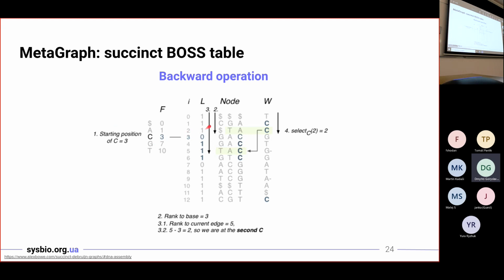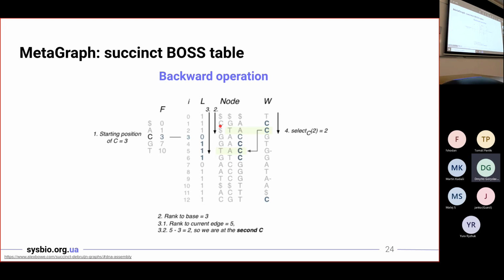The second step is to find the starting base from which we would like to start, and the rank of the current edge right here is 5.